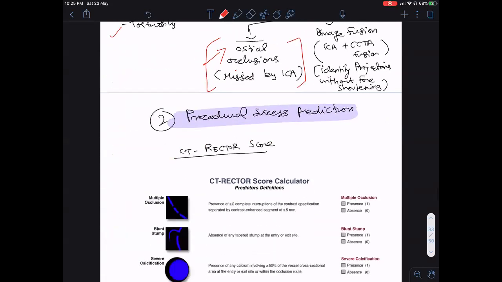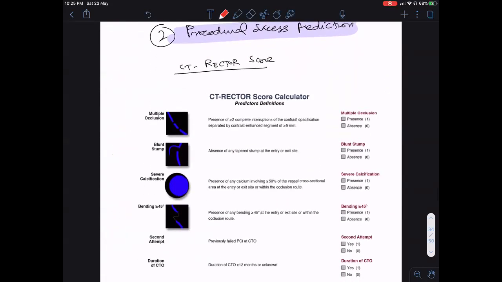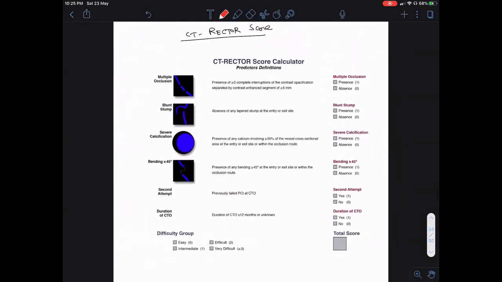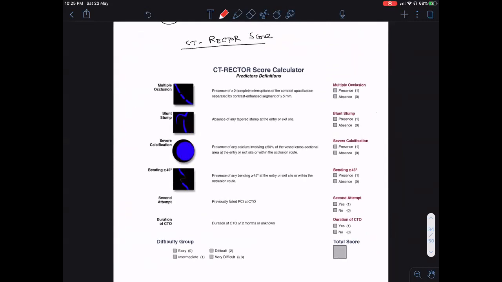The second point where the CT can be used in patients with a CTO is by helping us predict procedural success. The score which has been proposed is the CT Rector score. It has a lot of points, similar to the J-CTO and other scores. It includes things like occlusions, bluntness of the stump, extent of calcification, the angle, whether it's a first or second attempt, whether there's a previous failed PCI, and the duration of the CTO if we have a previous angiogram.